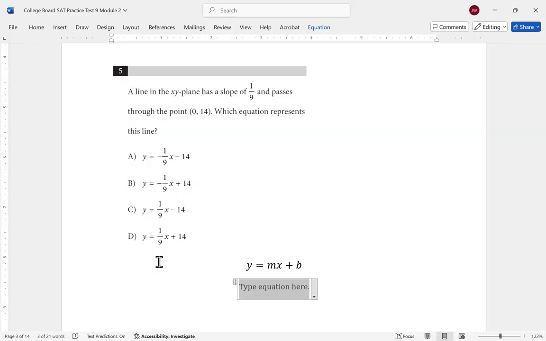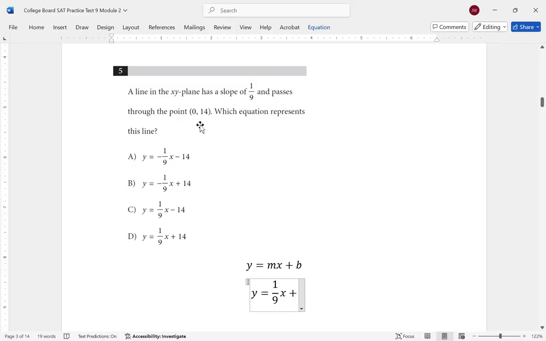So notice that this gives me the slope of the line as 1/9. So it's going to look like y equals 1/9 times x. And then it turns out this point that they give is the y-intercept. It's what I get when I plug in x of 0. When I plug in x of 0, I get 14.